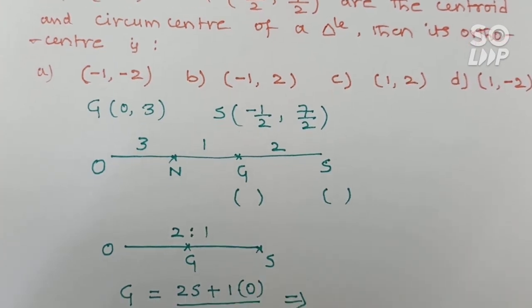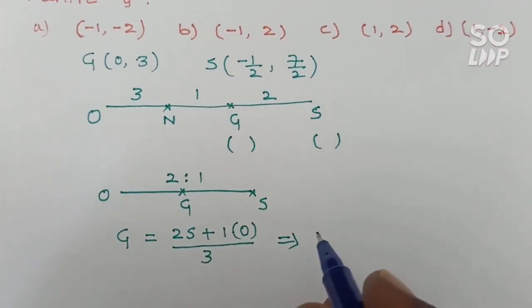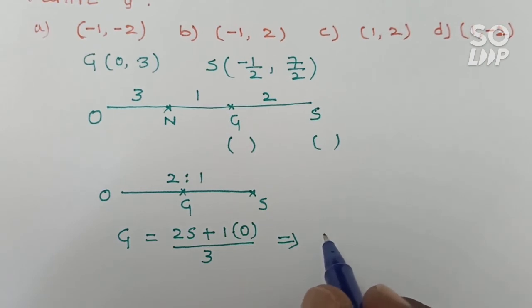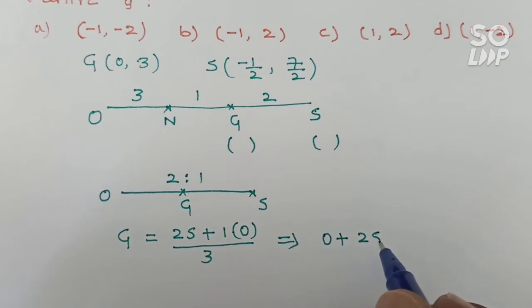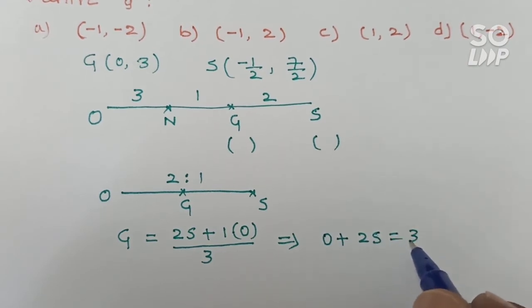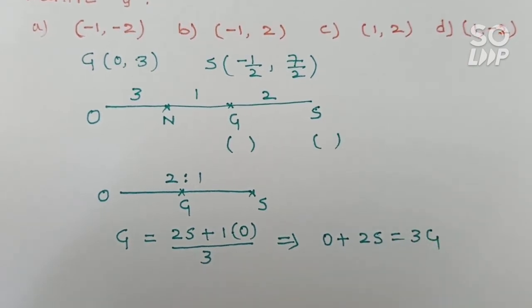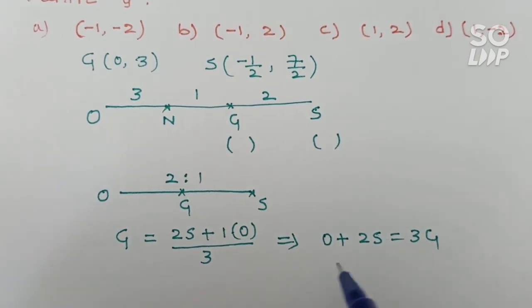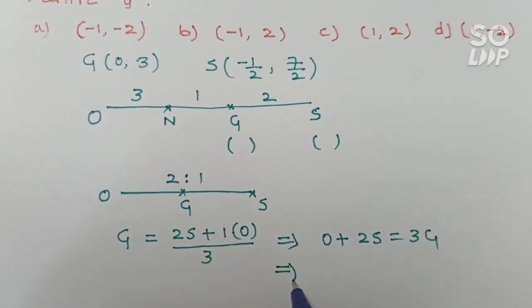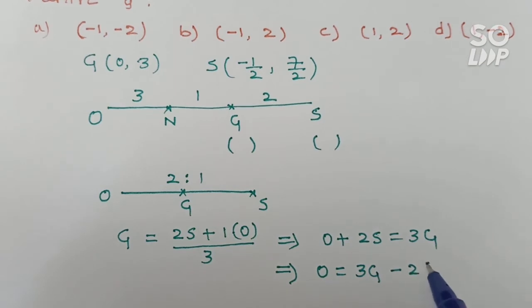Cross multiplying, we can write O plus 2 into S is equal to 3 into G. We should find the orthocenter, so take this to the right side. That means the orthocenter is equal to 3 into G minus 2 into S.